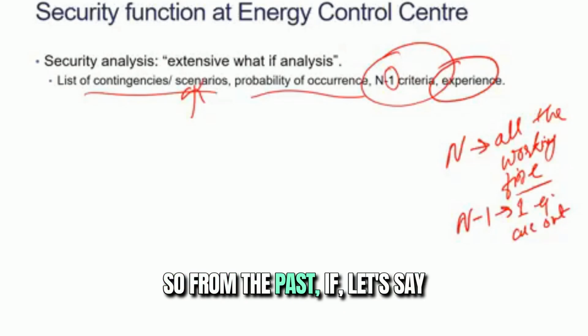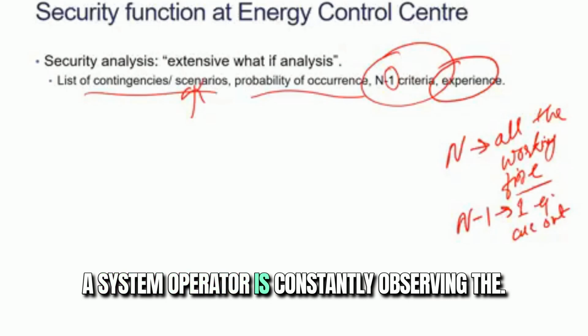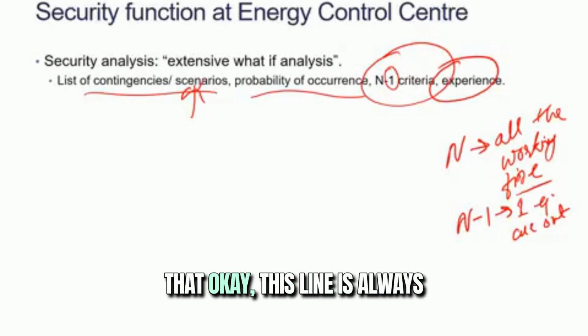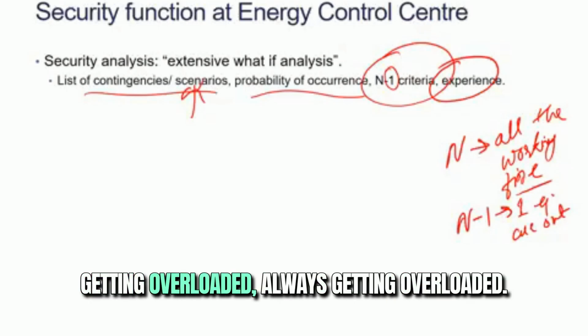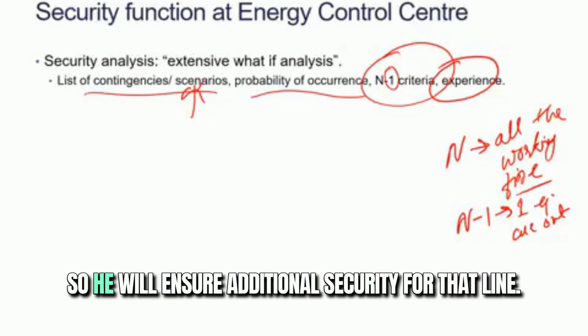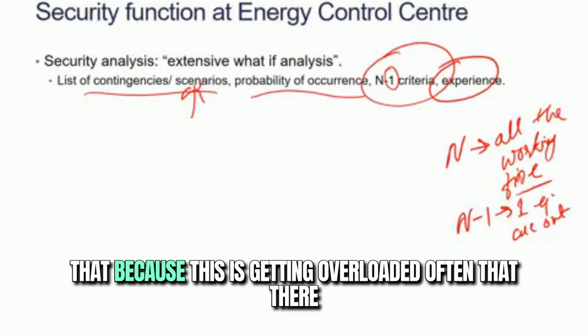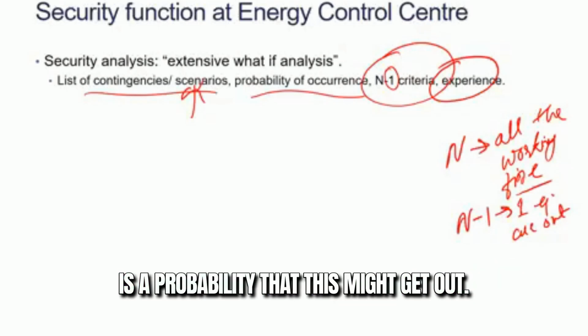So from the past, let's say a system operator is constantly observing that this line is always getting overloaded, so he will ensure additional security for that line, because this is getting overloaded often, so there is a probability that this might fail.